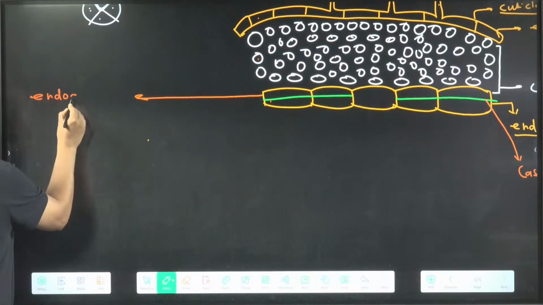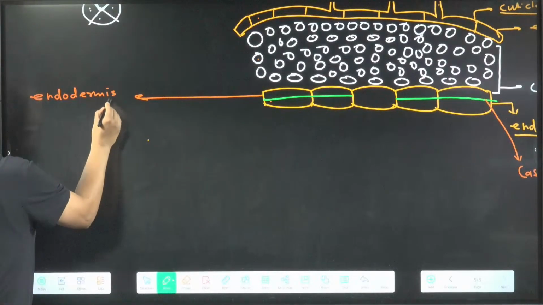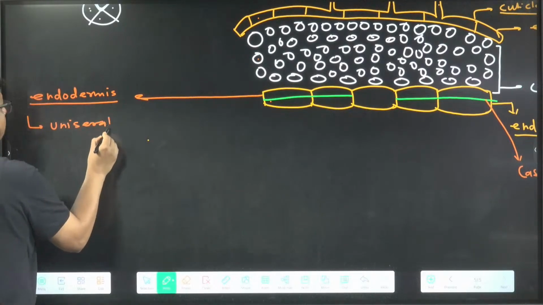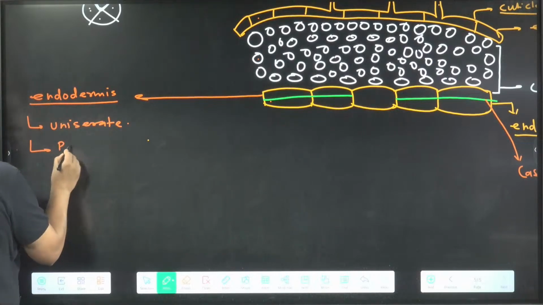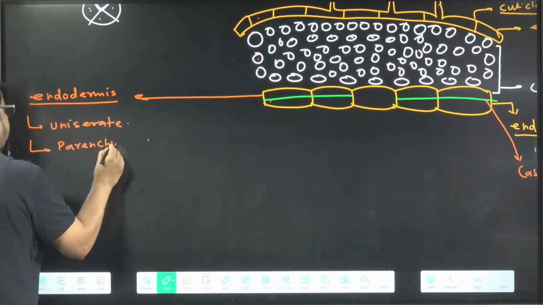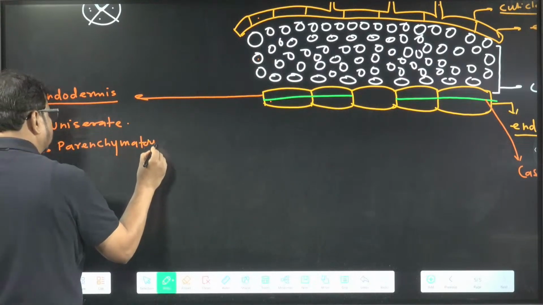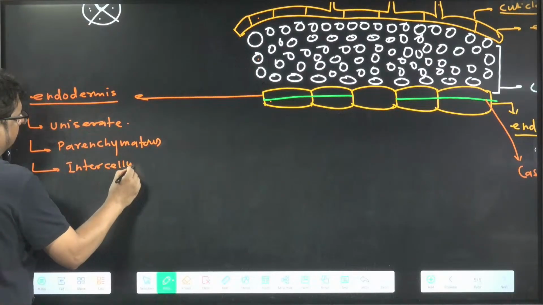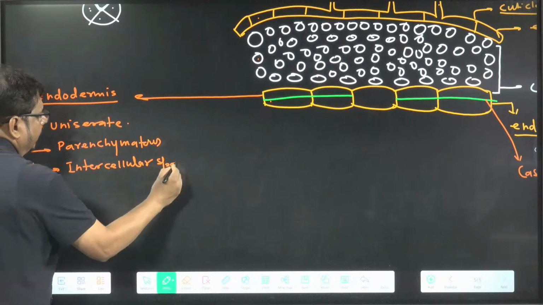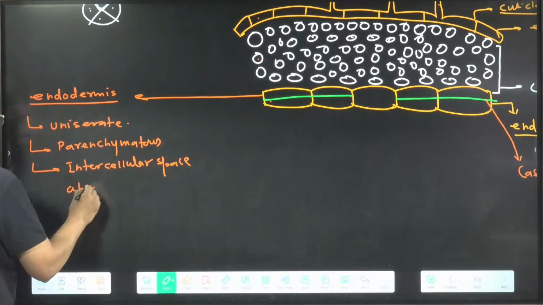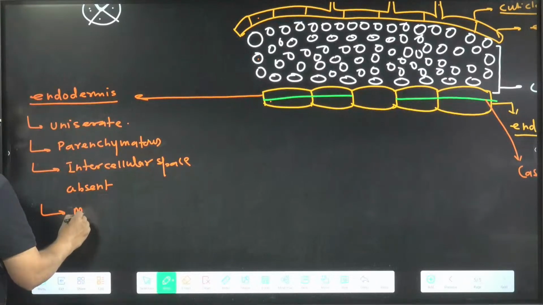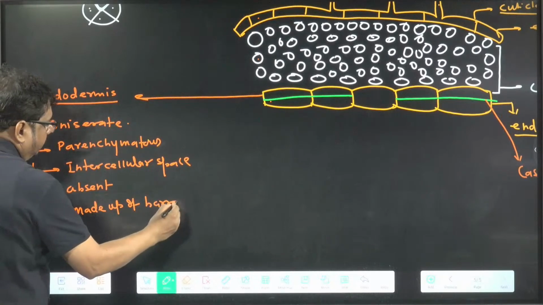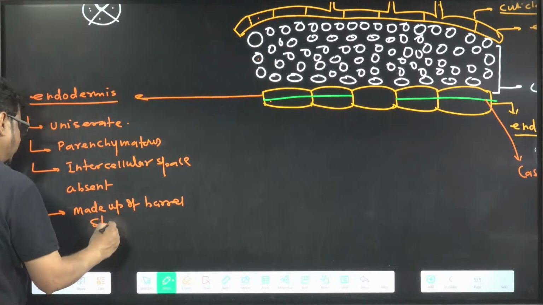What is the character of the endodermis? I am writing here. So the endodermis is uniserate, single layer, parenchymatous, intercellular space absent, made up of barrel-shaped cells.